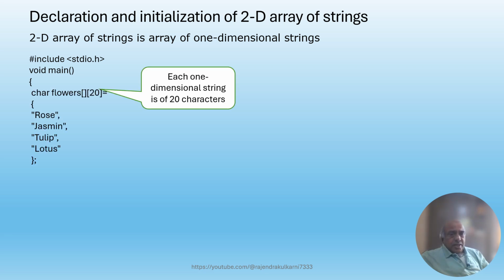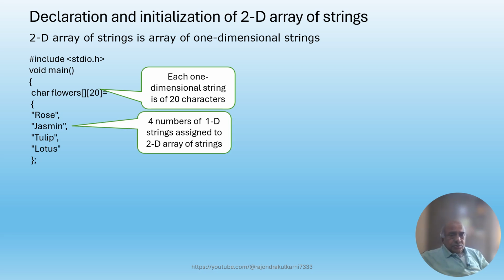Now this is char flowers with two subscripts, with the second subscript initialized with dimension 20. So each one-dimensional string in this char flowers 2D string is of 20 characters.